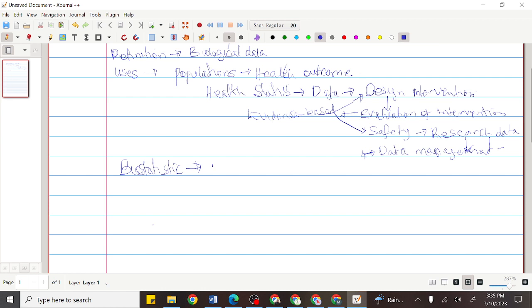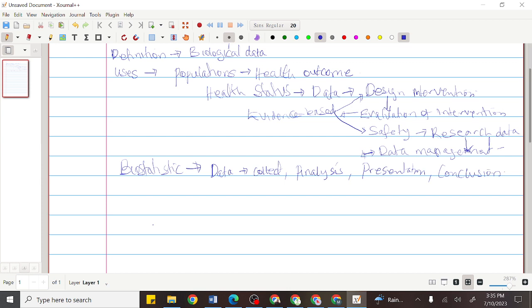One, we need to know what data is, how we collect data, how we analyze data, and then how we present data, data presentation, and then how we actually also arrive at what we call conclusions.